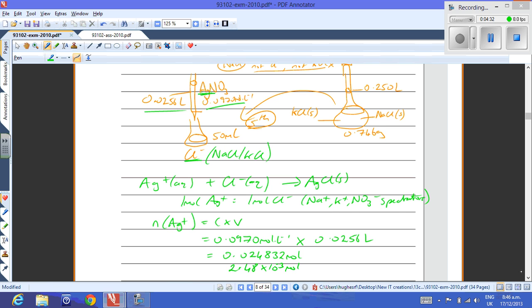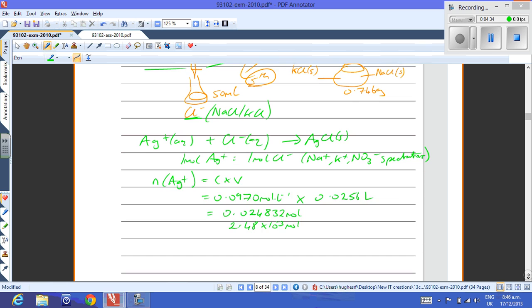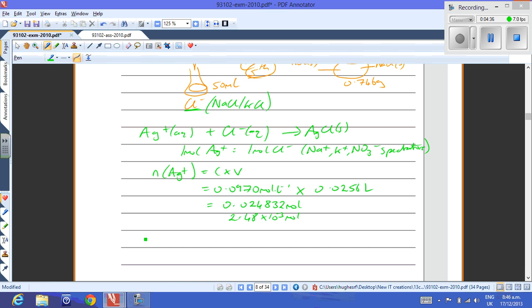Just matching that up with what the NCEA guys were using. So that's the moles of silver ions, which is also equal to the moles of chloride ions. So the moles of chloride ions is 2.48 × 10^-3 moles.